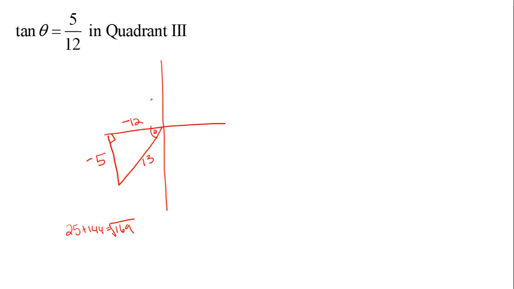So here's my triangle. I knew it was in quadrant 3. I fill in using my ratio and the Pythagorean theorem, and now I can find all my ratios. So the sine of theta is going to be opposite over hypotenuse, negative 5/13. My cosecant of theta is going to be 13 over negative 5.